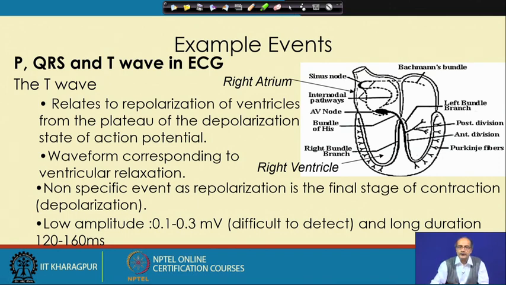So, the relaxation of the atria does not become apparent in the form of a signal. Even if there is a very weak signal, it gets subdued or masked by the much stronger signal, the QRS complex, or the contraction of the ventricles.